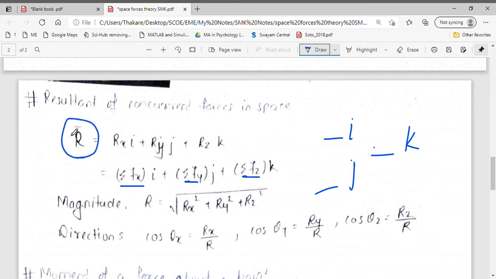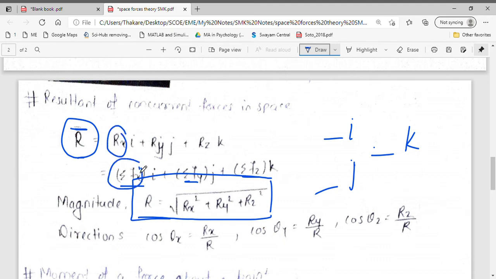That resultant would be your vector resultant, and to determine its magnitude you will directly have to do R equals under root of Rx squared, which means summation of all the horizontal forces squared, Ry squared, which means summation of all the y direction forces squared, and Rz squared, which means summation of all the forces along z axis squared. Remember, when you are given a space force system, the angles you get are with respect to x, y and z axis respectively. So you will determine cos theta x, cos theta y and cos theta z.